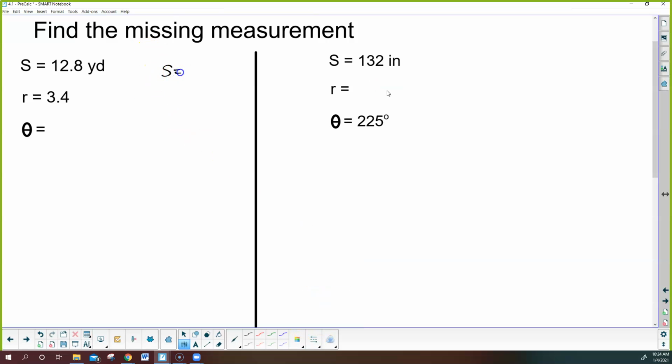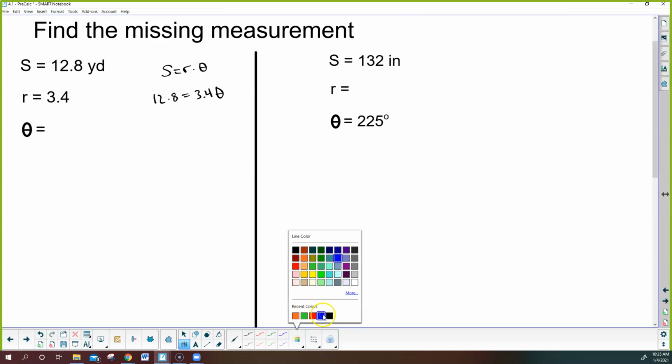We have to start with what we know. Arc length is the radius times theta. Arc length is 12.8 yards. The radius is 3.4, and theta, you can think of theta the same thing as x. It's a variable, right? So nothing crazy here. It's a real quick one-step problem.